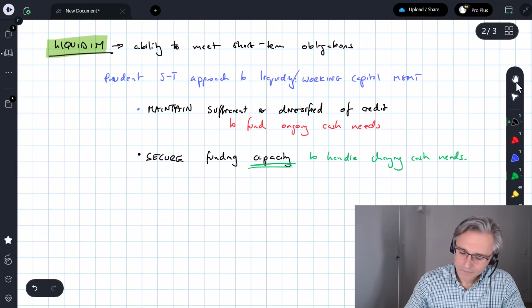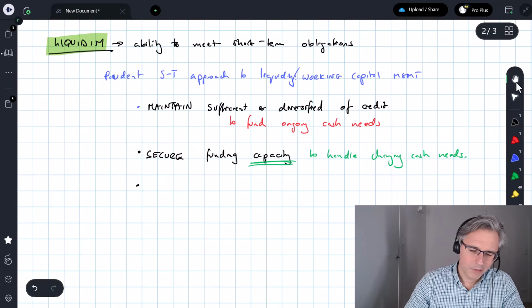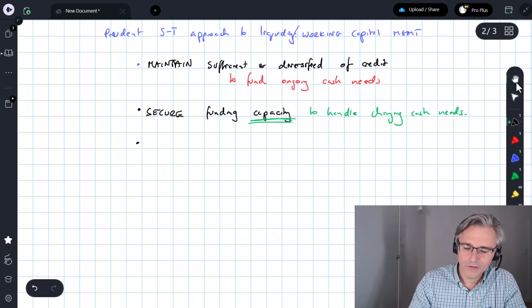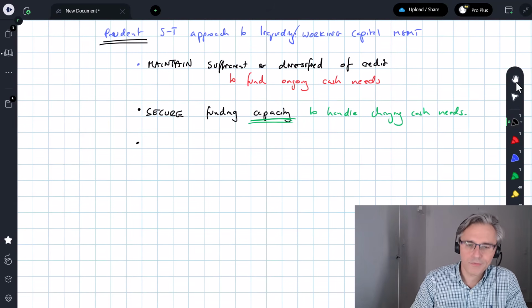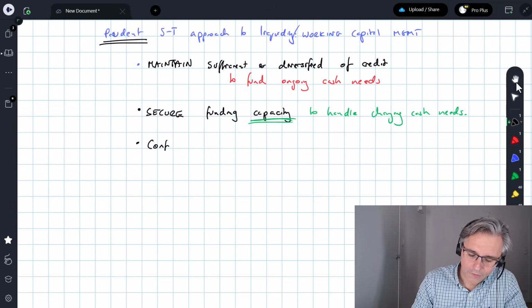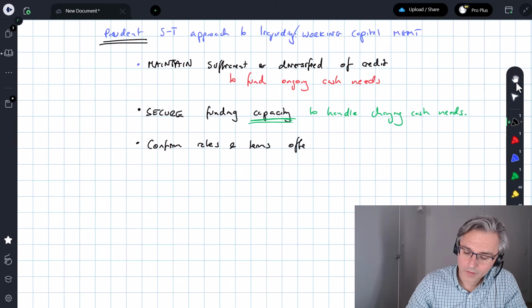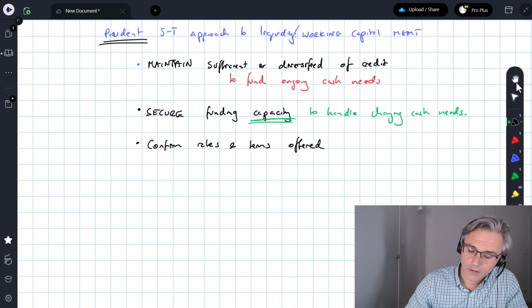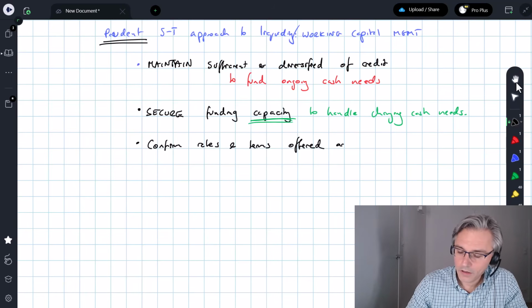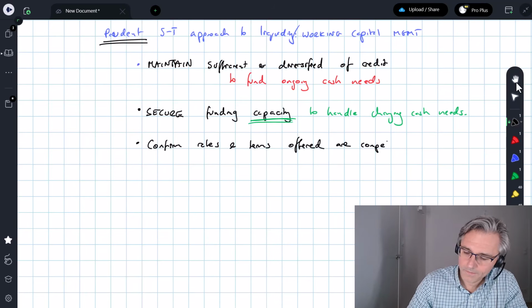Now, another point, but I would say this is just normal practice, it's prudent, is to confirm the rates and terms offered by your suppliers of funding, and confirm those rates and terms offered are indeed competitive.